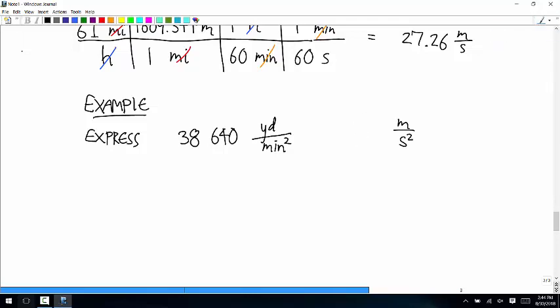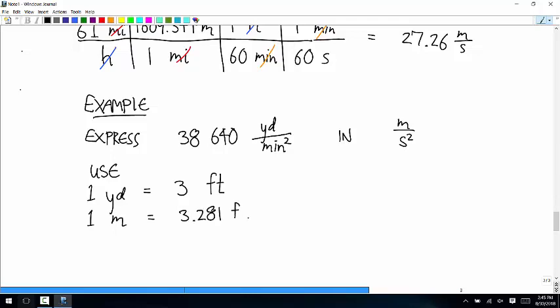Express it in meters per second squared. And we're going to use the fact that 1 yard is equal to 3 feet. One meter is equal to 3.281 feet.